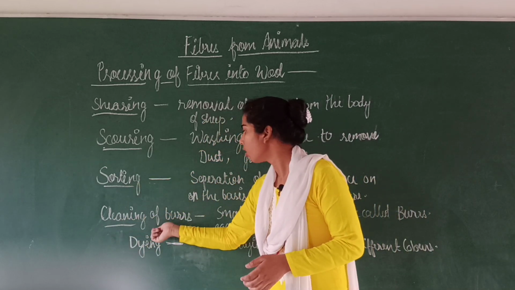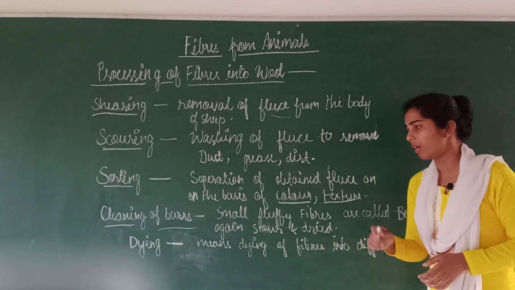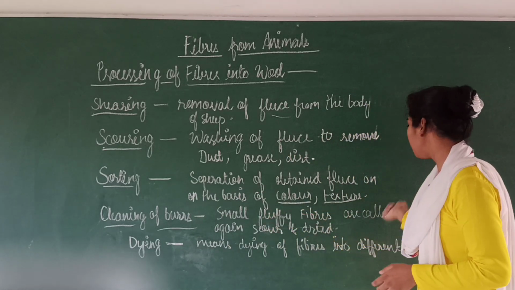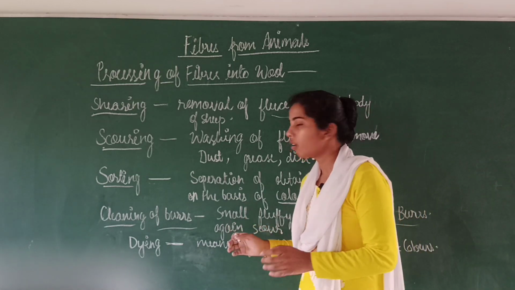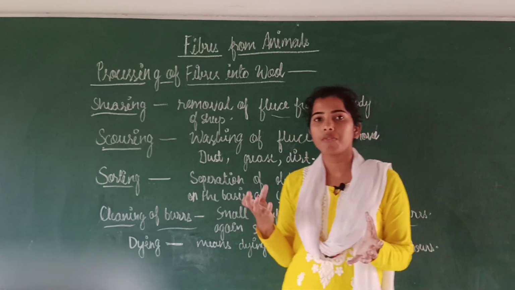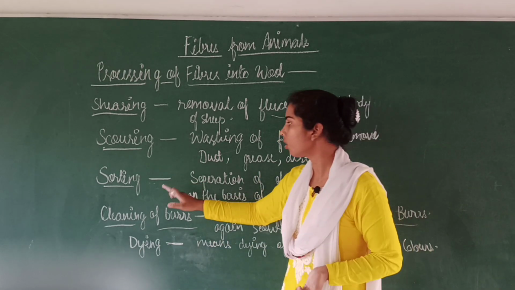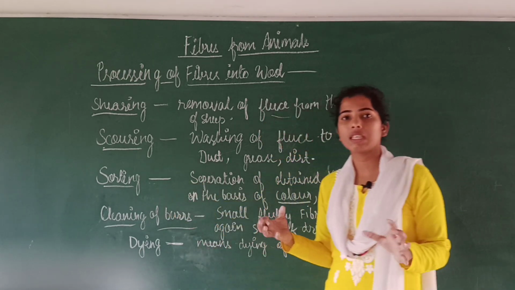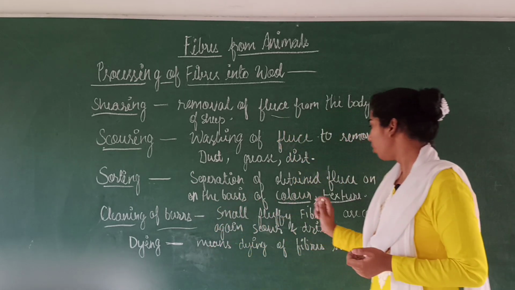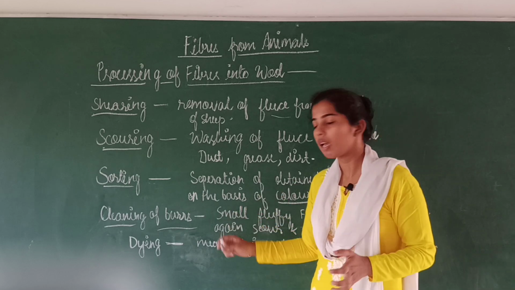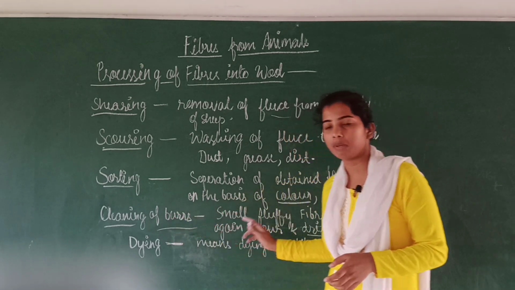Our next step is cleaning of burrs. What are burrs? Small fluffy fibers are called burrs. From the sorting we obtain some small fluffy fibers that are again washed and dried. This is known as cleaning of burrs.